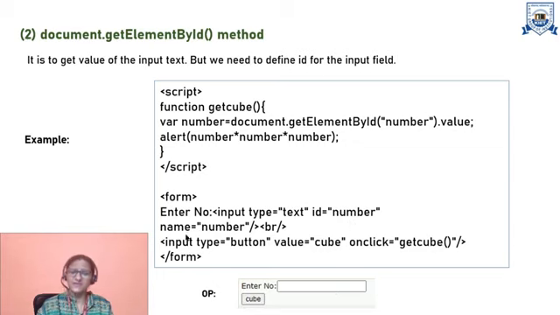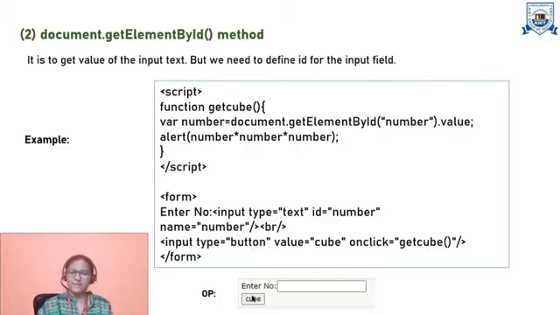We have also provided the name. It's our choice; you can provide both the ID as well as the name, or use either one. It is not a must that ID and name be the same. They can be different.